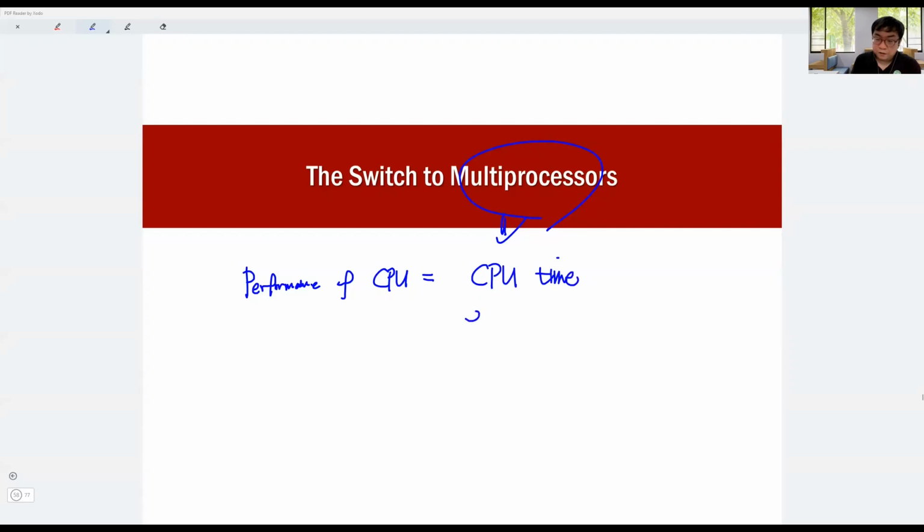That is the execution time in a CPU. So we just focus on the performance of a single CPU.